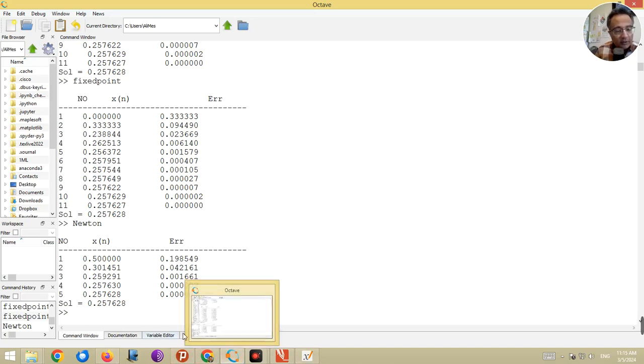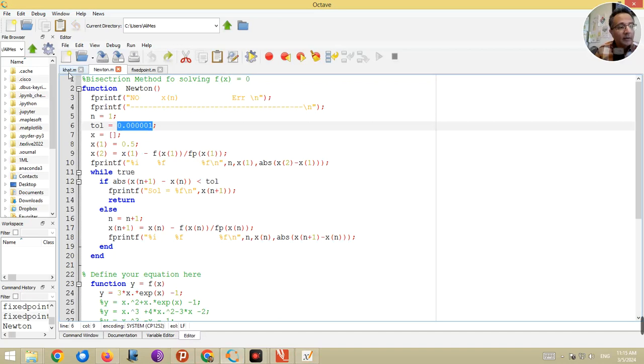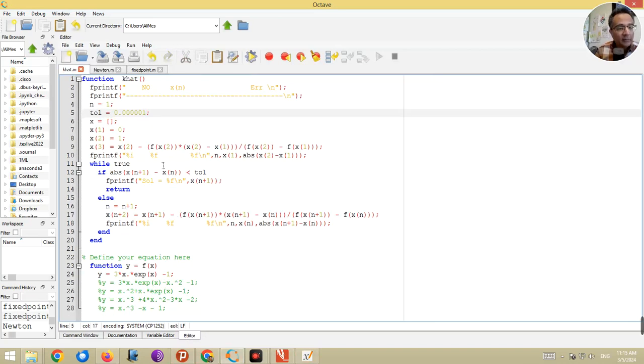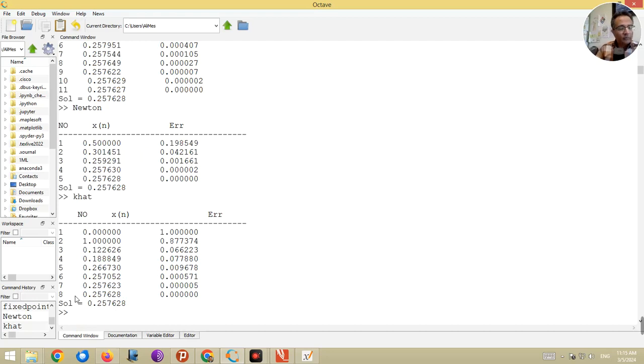Now, let me apply the second method here. This is the code of the second method. It's very simple. And let me run it. We get exactly the same solution in 8 iterations. So, easily you can see that the second method is better than fixed point with 11 iterations, and it's worse than the Newton method with 5 iterations.